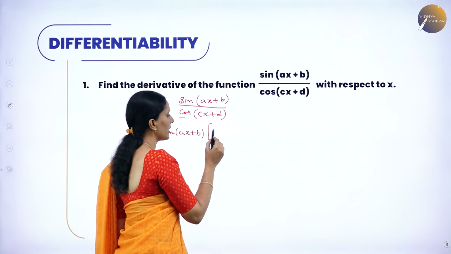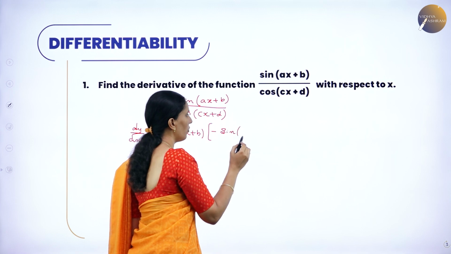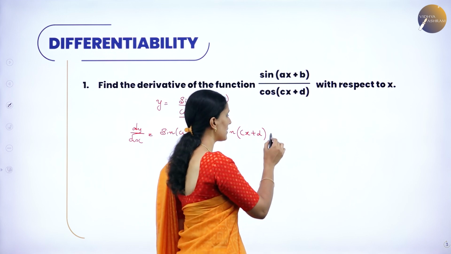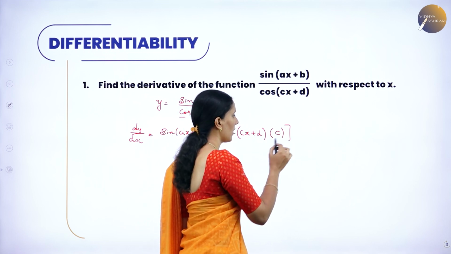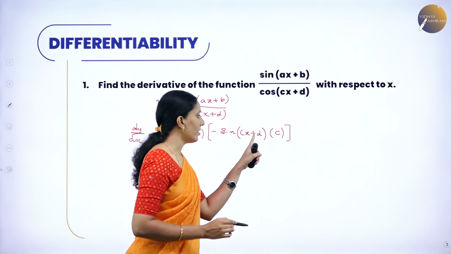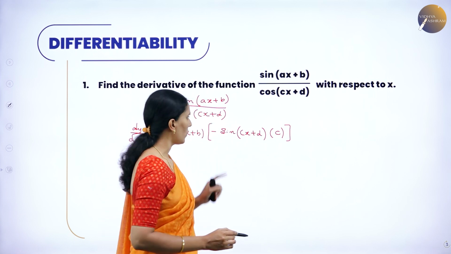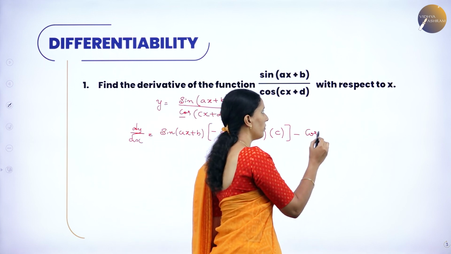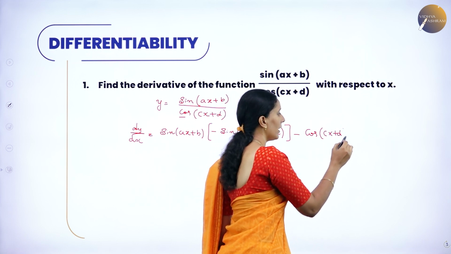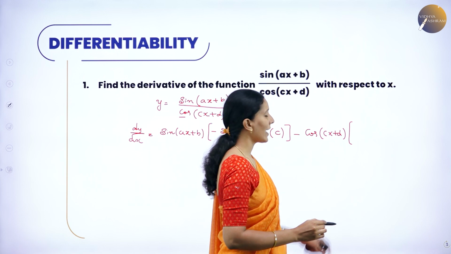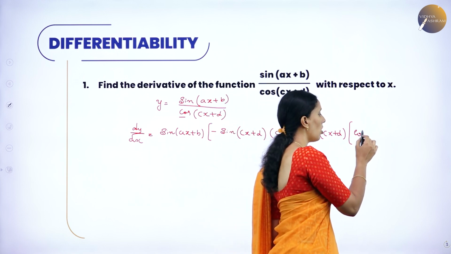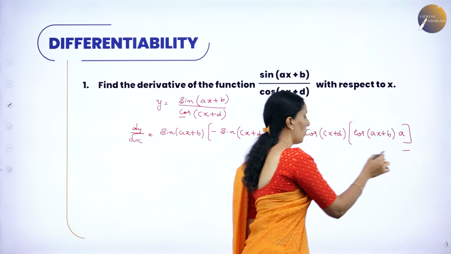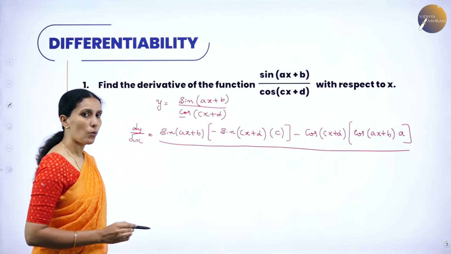So when you derive cos of (cx plus d), it becomes minus sine of (cx plus d), and again differentiating cx plus d, we will get the constant c, because derivative of x is 1 and derivative of the constant d is 0. Again we get here minus second function, that is cos of (cx plus d) into derivative of first, and when you derive sine of (ax plus b), it becomes cos of (ax plus b) into a, the whole divided by cos square of (cx plus d).